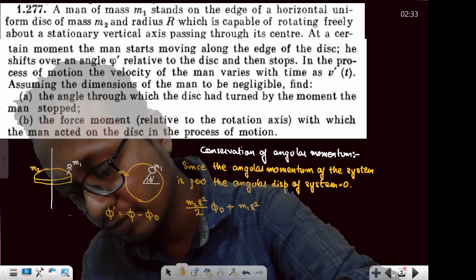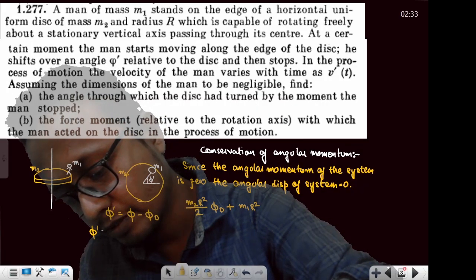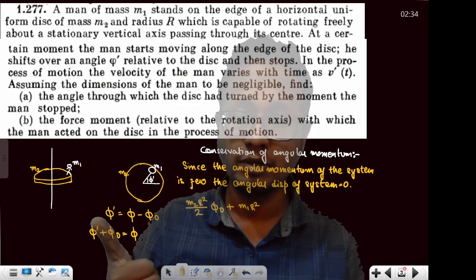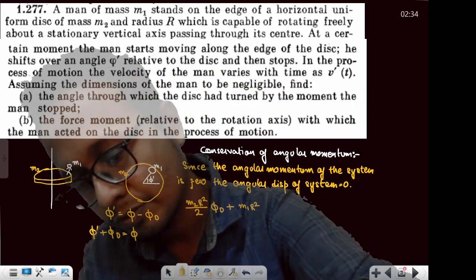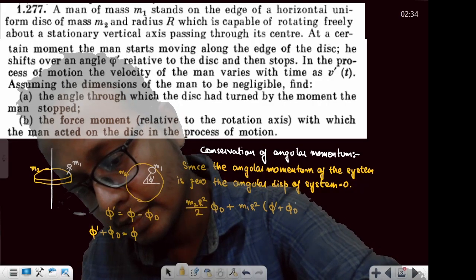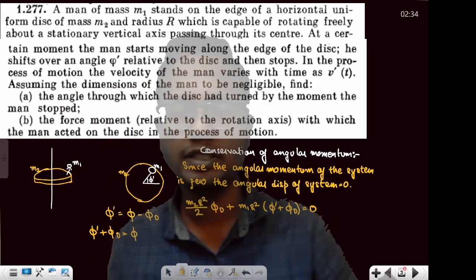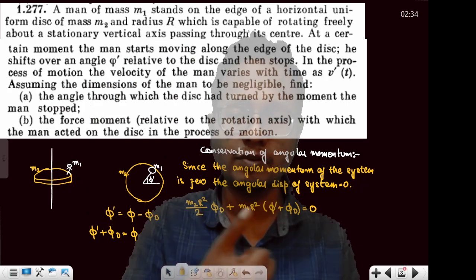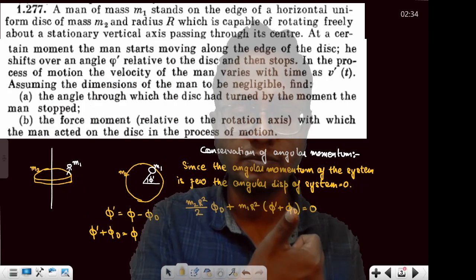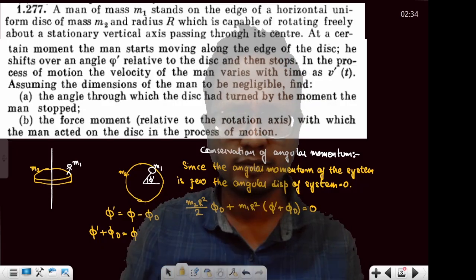All my velocities must be from the same frame of reference, so the angular displacement of the man with reference to ground is phi dash plus phi d. I must apply this value, not that value. So m1 r square into (phi dash plus phi d) is equal to the initial angular displacement, which is nothing but 0. Now I'm solving for phi d, the angular displacement of the disk.